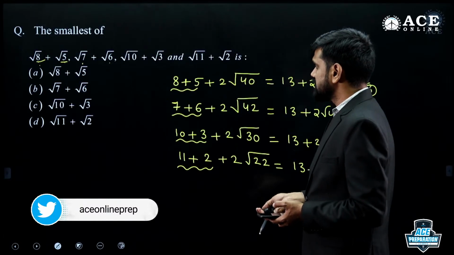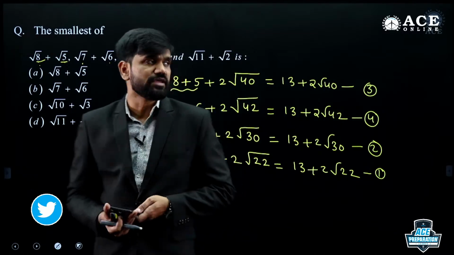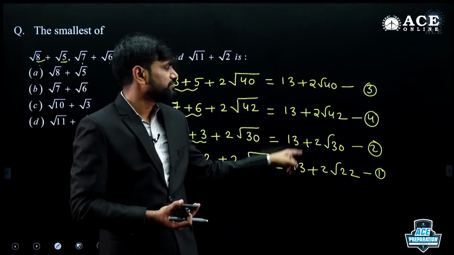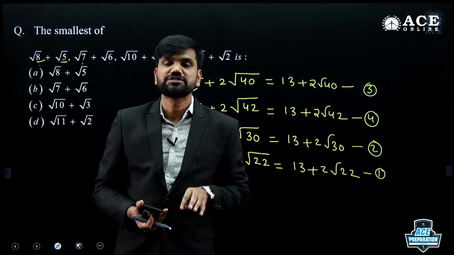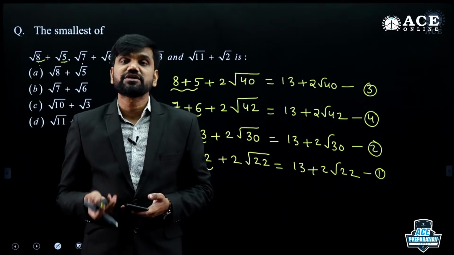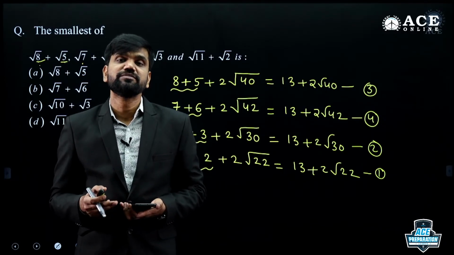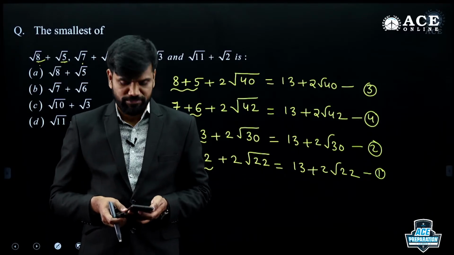The reason is already shown here. If you are going for squaring it, if the sum is same, this side part will remain same for every term. So only the differentiation will be because of that product. That's why we will be testing only for the product. Whichever product is the highest will be the term which gives you the highest value over there.